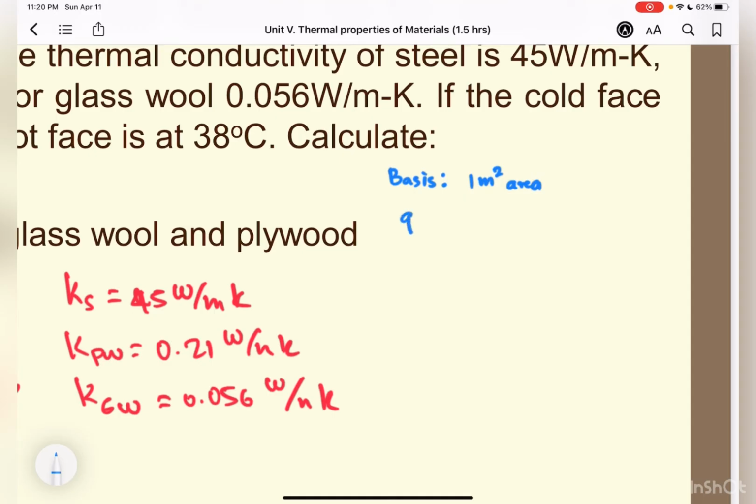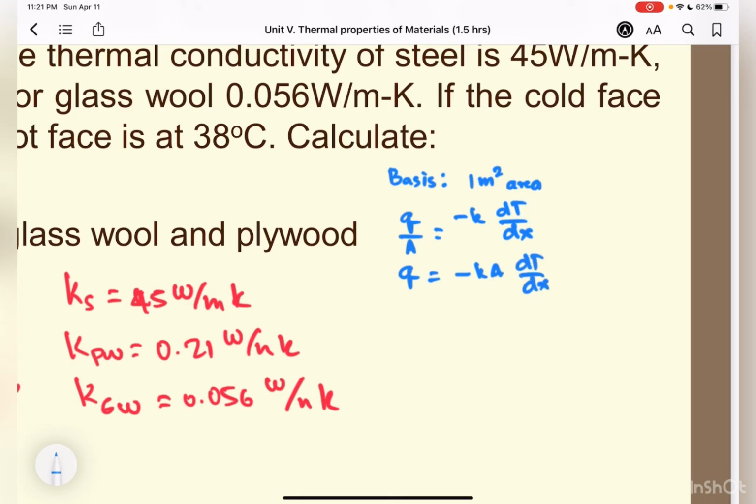Know that from our equation, Q is actually negative K dt over dx, and that, this is Q over A, sorry for that. Or that is your Q is actually negative KA dt over dx.